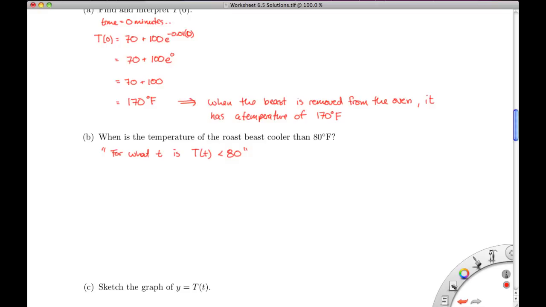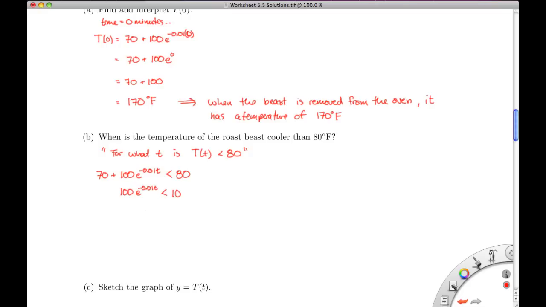So we take our temperature function, which is 70 plus 100e to the negative 0.01t, and we set it less than 80. And now we just go through and solve this inequality. I'll subtract 70 from both sides, and I'll get 100e to the negative 0.01t is less than 10.